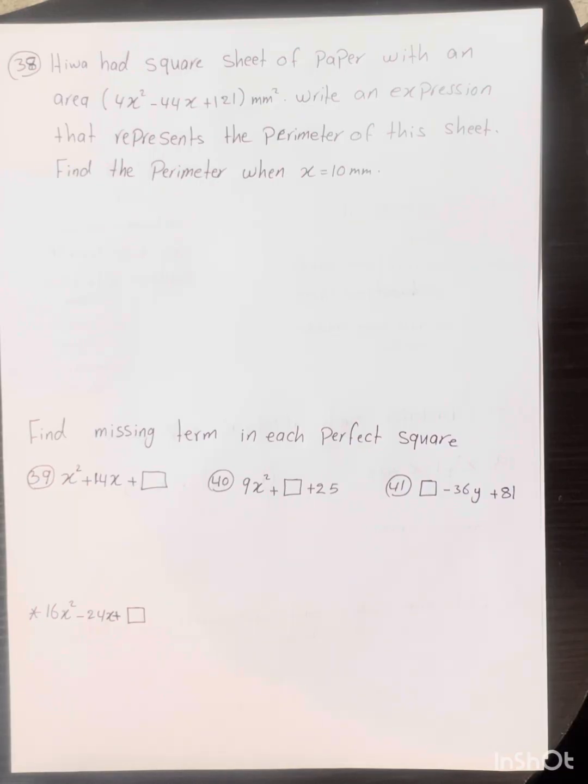Before finding the perimeter, as you see, we have an area. The question gives an area, and we need to find the side length, because the relation between area and perimeter is the side length.